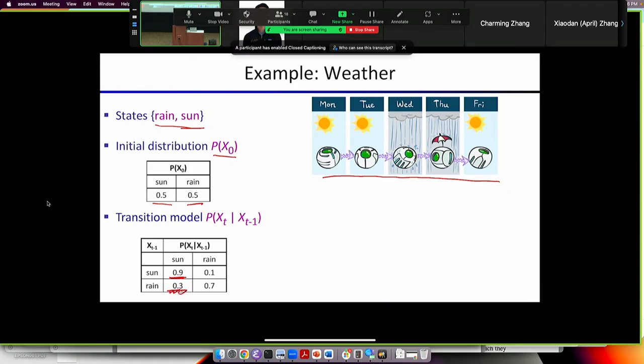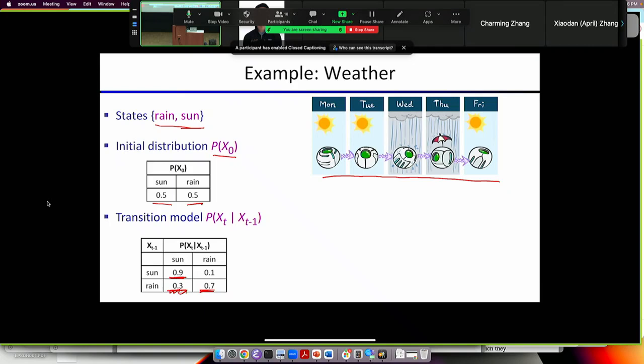Sorry, excuse me, when it's rainy, it goes to rain with probability 0.7. So already you can see from those transition probabilities that sun is going to persist for longer than rain. And so on average, if I keep running this, there'll be more sunny days than rainy days.